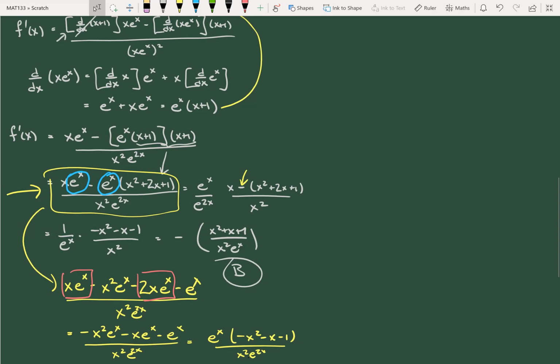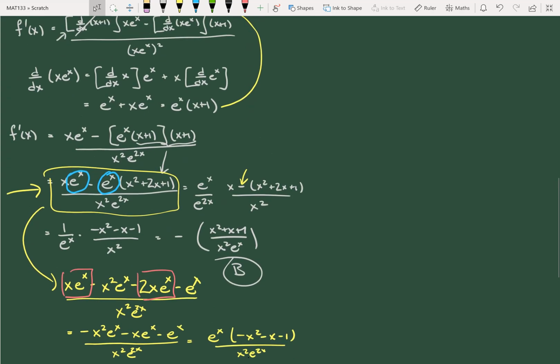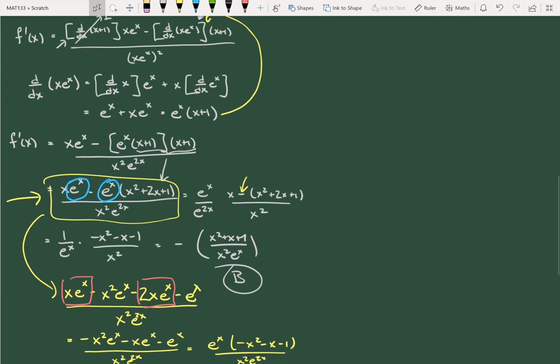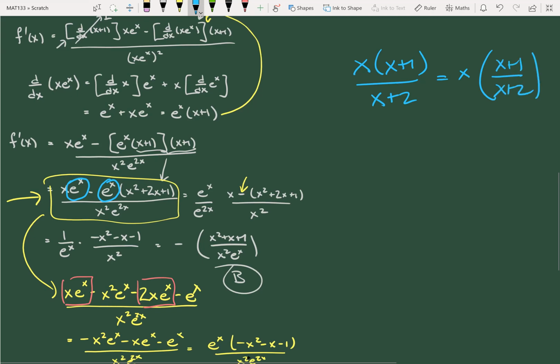I could put it into the denominator if I want, but it doesn't necessarily change the denominator, right? It's like saying, let's say if I had x over x plus 1 divided by x plus 2, if I factor that x out, it doesn't do anything to the denominator, right? You can just pull it out.